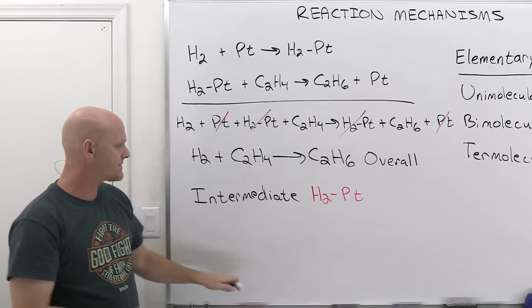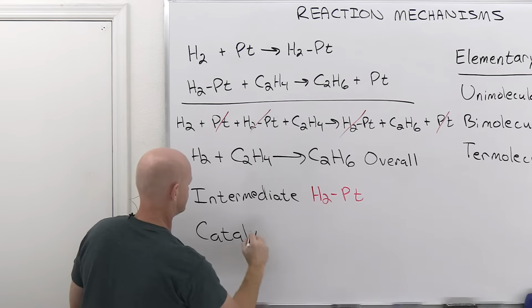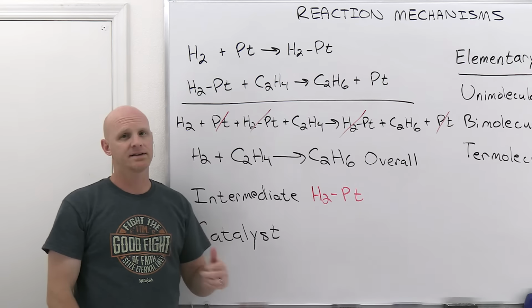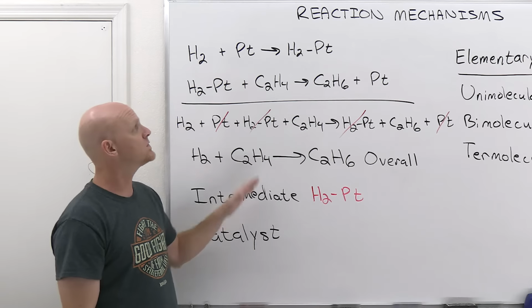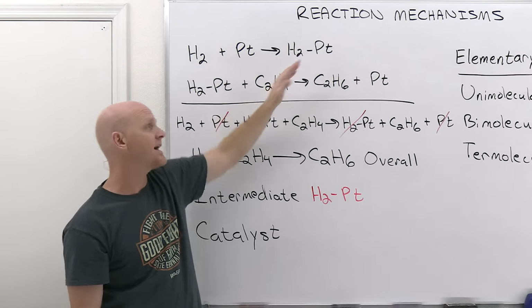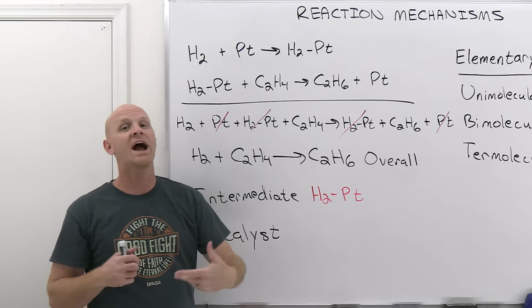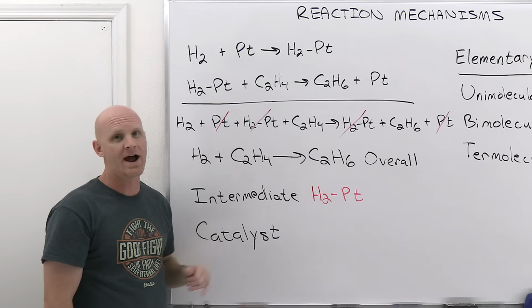Okay, now the other thing we've got to identify is a catalyst. All right, and so in this case, a catalyst is the exact opposite of how we identified an intermediate. An intermediate was a product first and a reactant second. Well, a catalyst, it turns out, the way we're going to identify it is that it's going to be a reactant before it's a product. And so a catalyst is actually a reactant in the reaction.